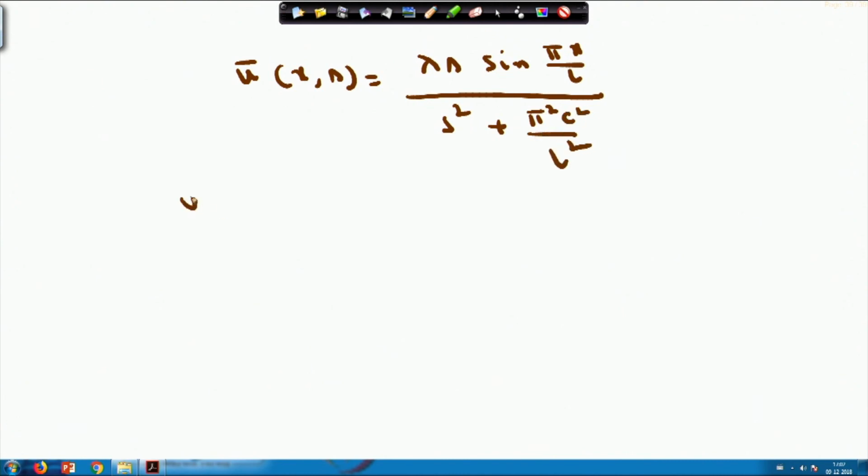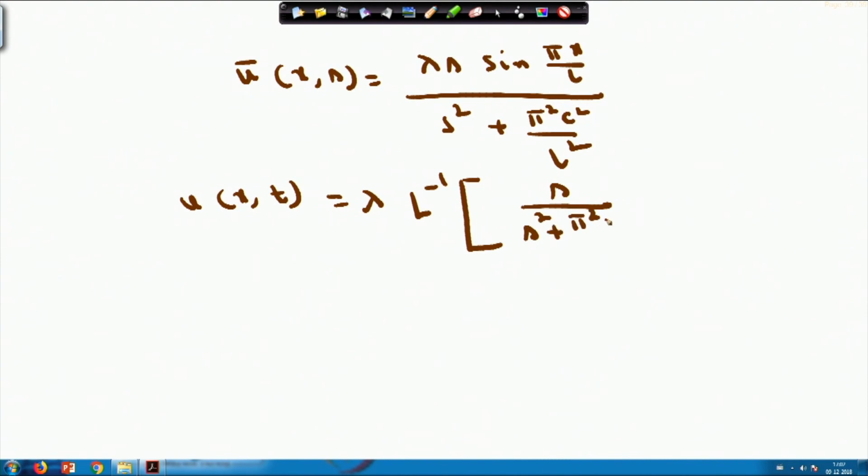So that your u x t equals lambda into Laplace inverse of s by s square plus pi square c square by L square, into sin pi x by L, which I can keep outside because this is independent of s.